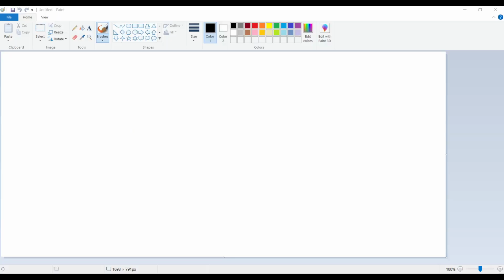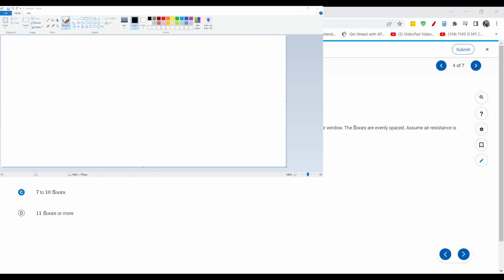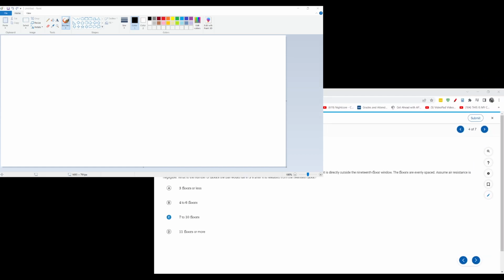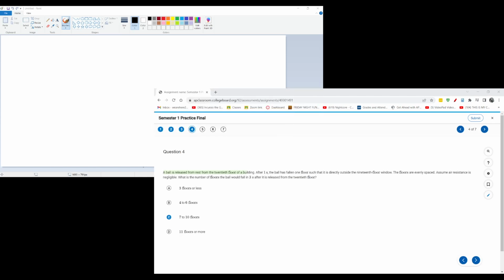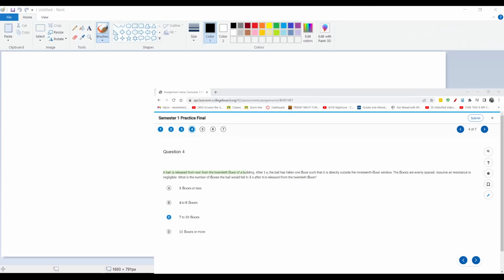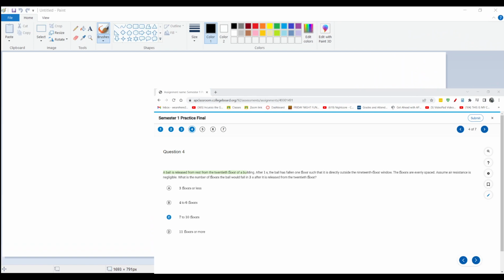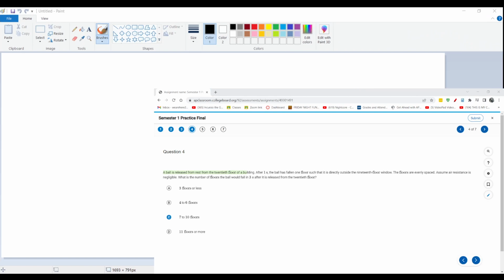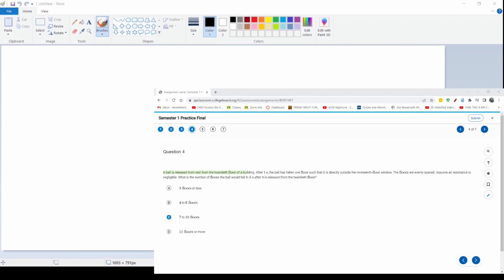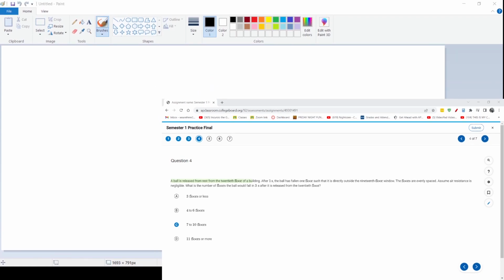Okay, so we are going to shrink down the problem a little bit, and overlap it with paint. And then we're going to shrink this one down a little bit.